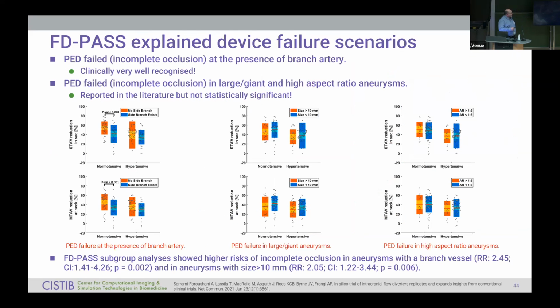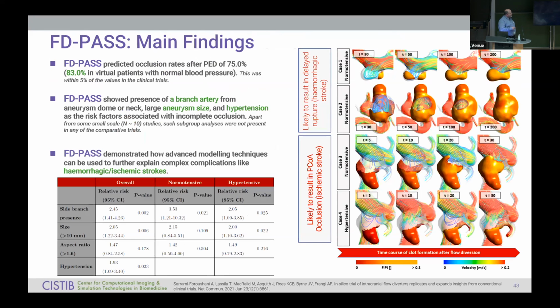The other thing you can do with that, and I'm not going to go into the details, is show for a number of elements in the literature where there is anecdotal evidence that there are problems with the device. For instance, what happens when you have a side branch of the aneurysm? What happens with very large aneurysms that tend to not have good clotting properties? What happens when you have hypertension? There are only some studies that say we have problems in some of our series with these patients.